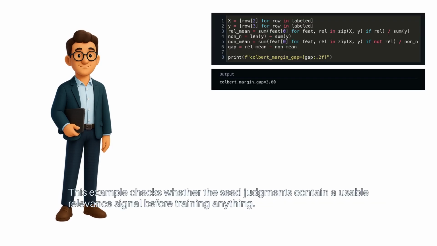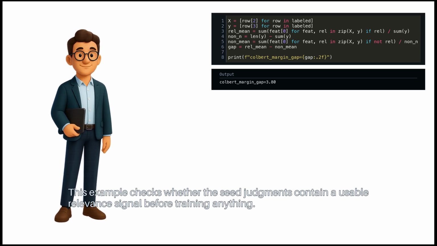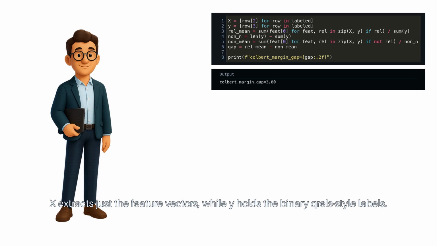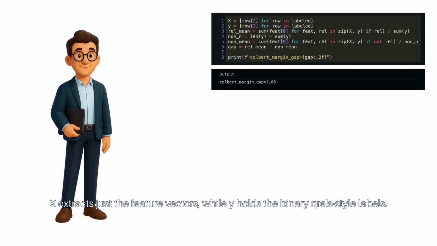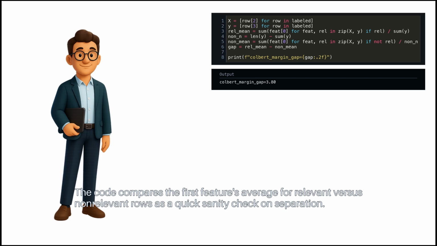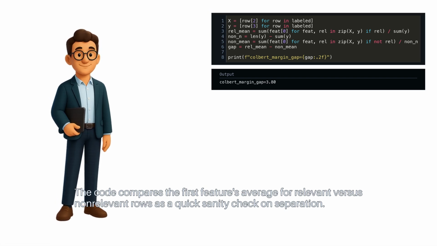This example checks whether the seed judgments contain a usable relevance signal before training anything. X extracts just the feature vectors, while Y holds the binary relevance labels. The code compares the first feature's average for relevant versus non-relevant rows as a quick sanity check on separation.